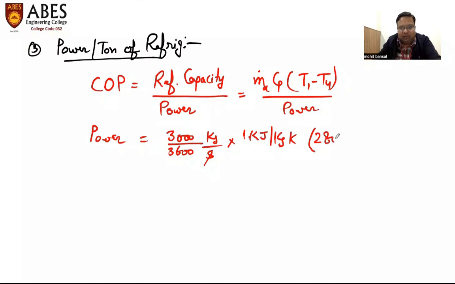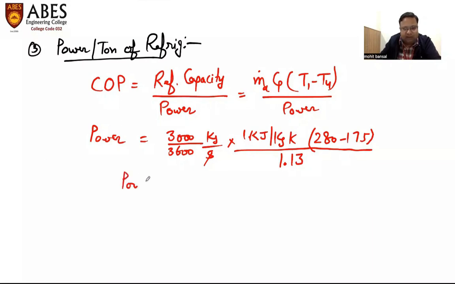So T1 minus T4 is 280 minus 175, upon the COP. We have just calculated the COP and it comes out to be 1.13. So power in kilowatt comes out to be 77.12 kilowatt.